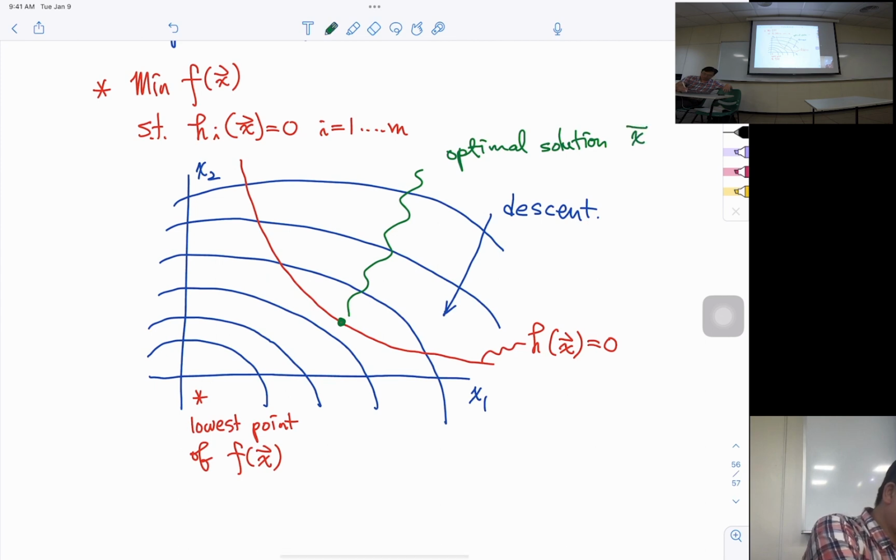Just do it like this. That's your x star. Okay? And let's stay on the green point and draw the contour of your f that has the same function value as the green point. If we do that, the contour will look like this.